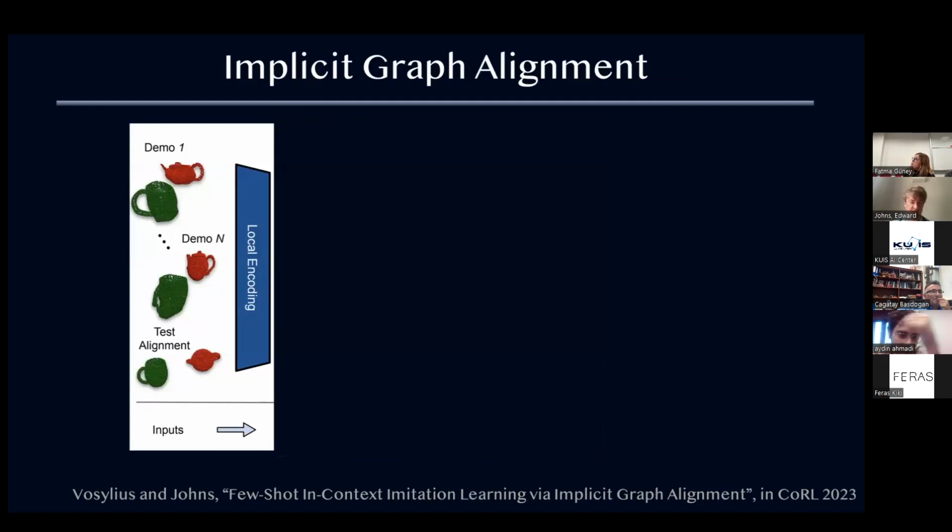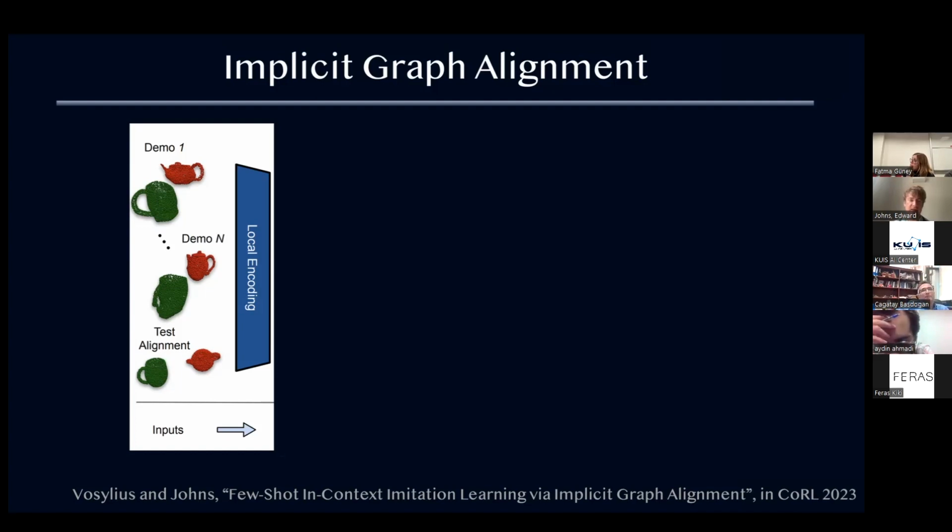I'm going to take you through this big neural network that we train. Okay. At the input to the neural network, we're going to take a representation of a number of demonstrations and also a candidate alignment of objects for the test objects.